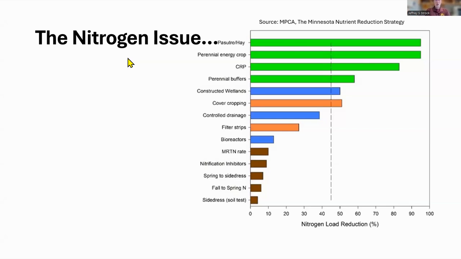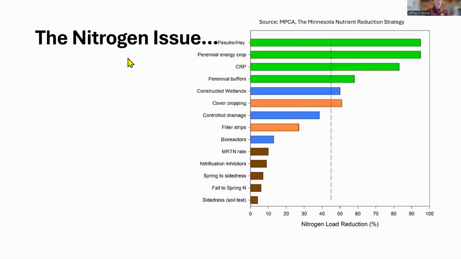Certainly a piece of the puzzle, but not going to get us all the way to 45% reduction just based on that. Then you can look at the blue bars up there. Those relate to wetlands, controlled drainage, and bioreactors.